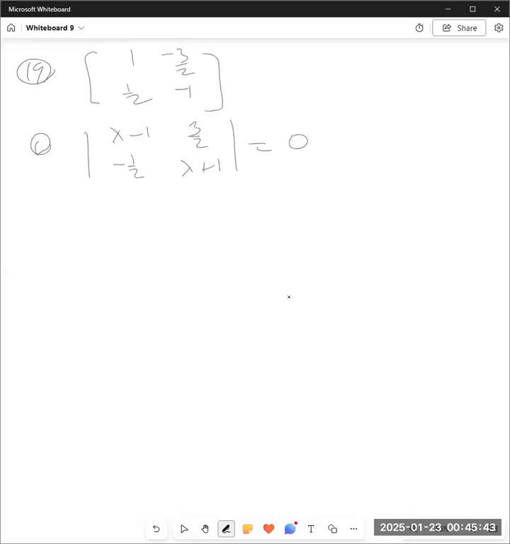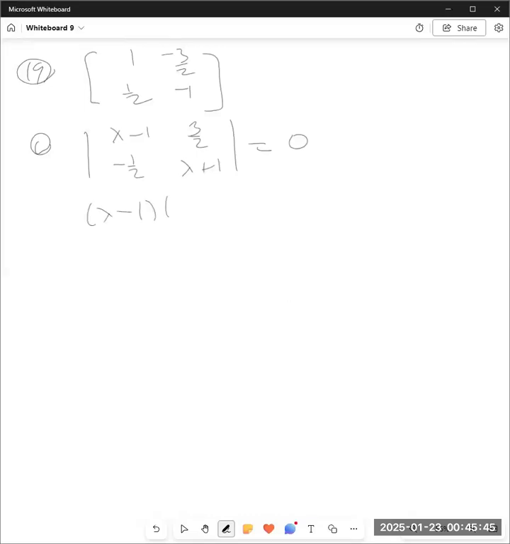Let's go ahead and look at number 19 here. We have 1, negative 3 halves, 1 half, negative 1. So writing my characteristic equation here, I have lambda minus 1, 3 halves, negative 1 half, lambda plus 1 equals 0.